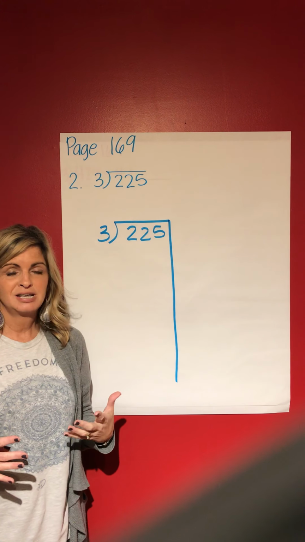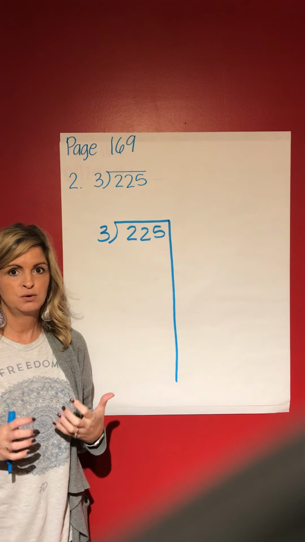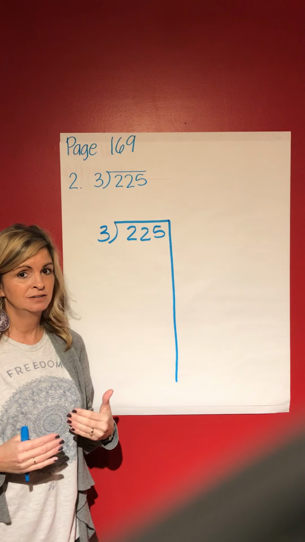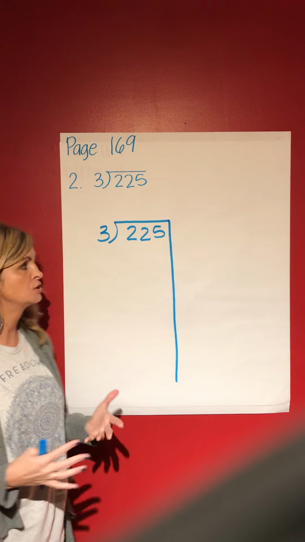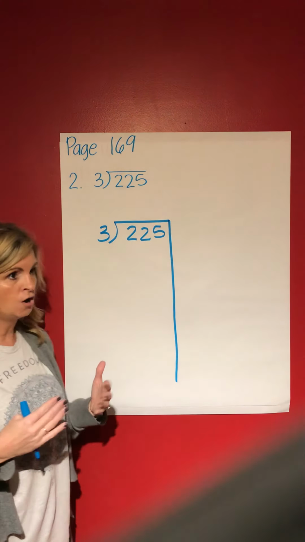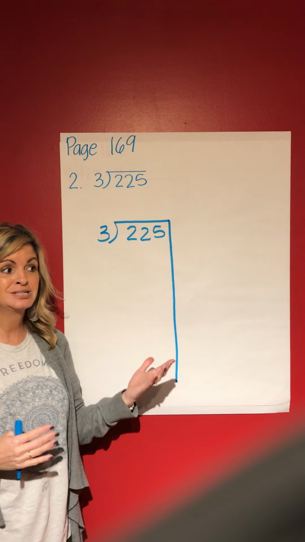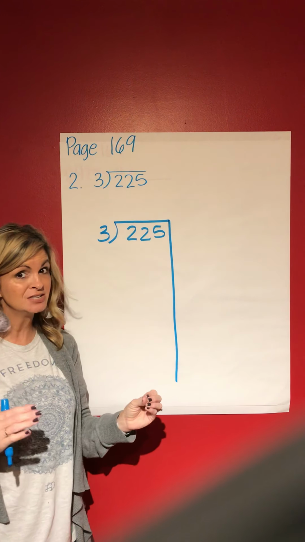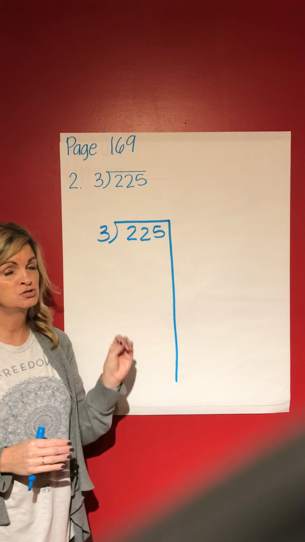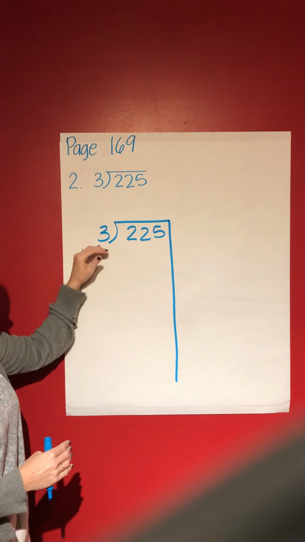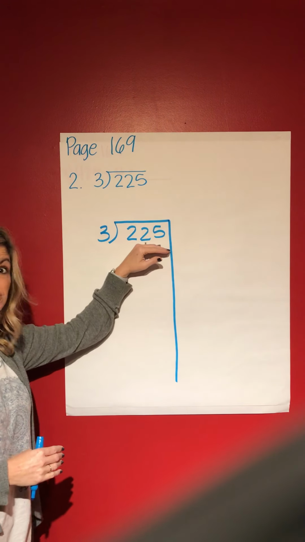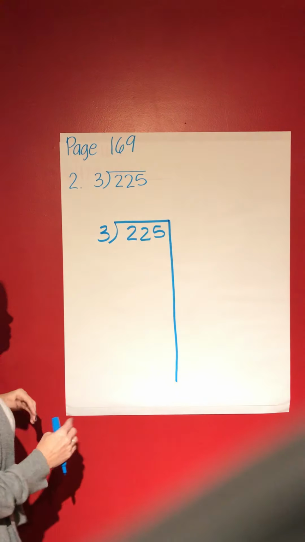One of the first things that I realize is, hey, I know that 3 times 7 is 21. And so I also know that 3 times 70 is 210. So that is pretty close to 225. So I'm going to try that first.